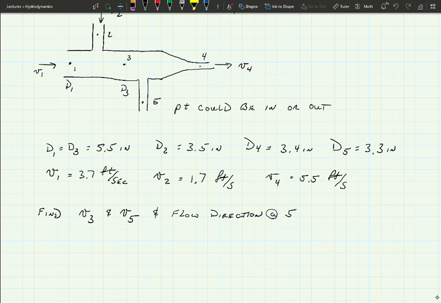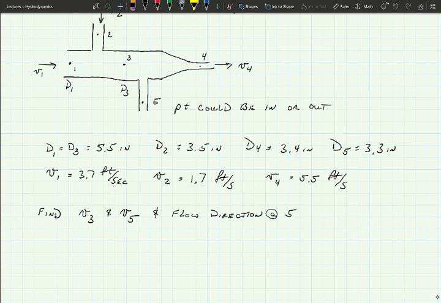Okay? So we should expect at 3 to have a larger flow rate. So Q1 and Q2 added together should equal the flow rate at Q3. Yes? Okay.